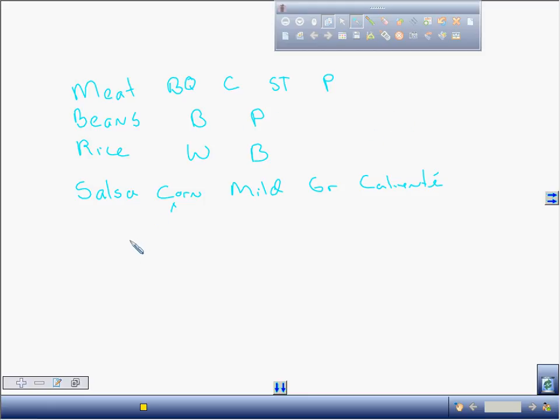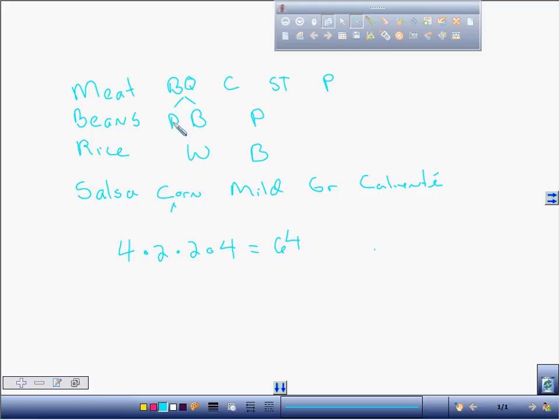Anyone know? It would be 4 times 2 times 2 times 4, which comes out to be 64 different burritos you could have just with those 4 things. And the reason for that is you could represent it with a tree diagram. If I choose barbacoa, I could choose black beans or pinto beans.